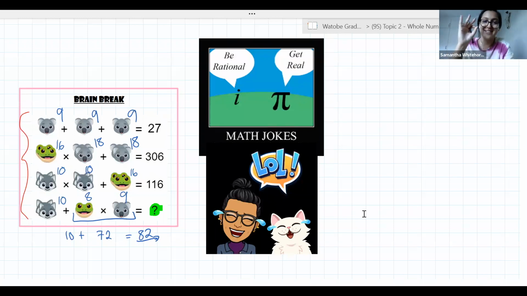Okay, so the joke, I don't know if you remember from our first lesson, but I spoke about the fact that we've got real and non-real numbers. So there's 2 number systems that we work with, real and non-real. Now, you guys will usually 99% of the time work with real numbers, but there are such numbers as non-real. If you've got a calculator in front of you, you can quickly type in the square root of -1.